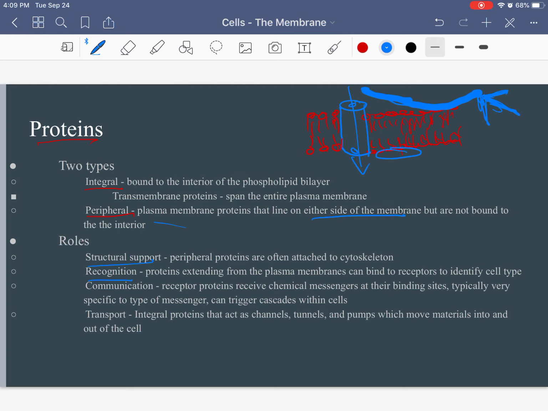And that leads to communication, where receptor proteins will receive molecules like ions or compounds, and it will bind to the receptor protein, and that triggers a reaction within the cell. And then, of course, transport. That's what you see right here. This is a transport protein that acts as channels, tunnels, or pumps that move materials into and out of the cell.